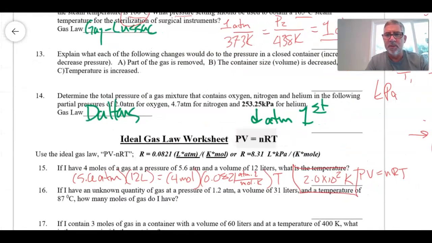So really, my answer should be 2 times 10 to the 2, right, because I can only have 1 digit. Or, since I have 1 digit, you could write 200 K.